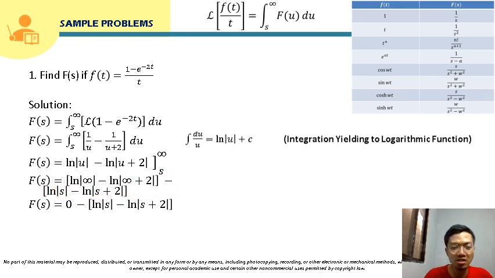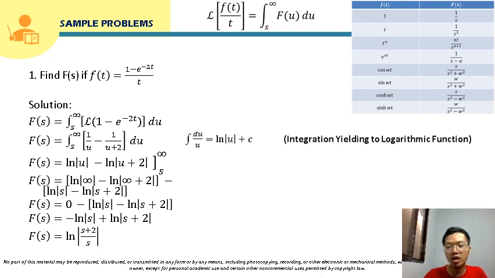So we just distribute the negative here. This will become negative ln s plus ln s plus 2. Simplifying that further, we can apply the law for logarithms, for the sum or difference of two logarithmic functions.